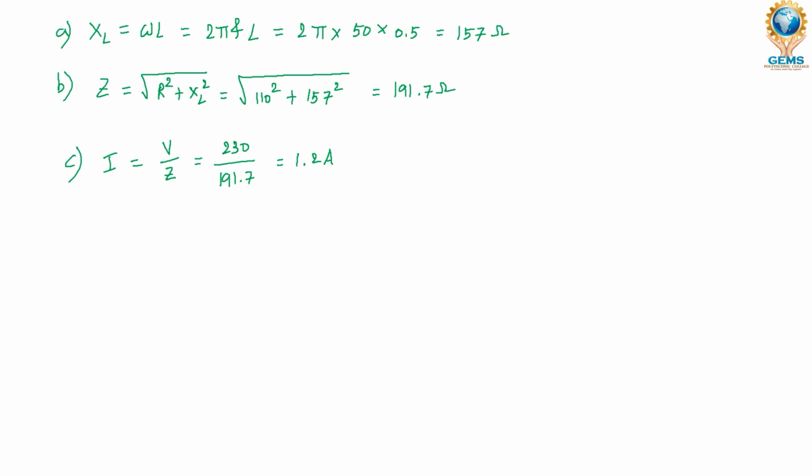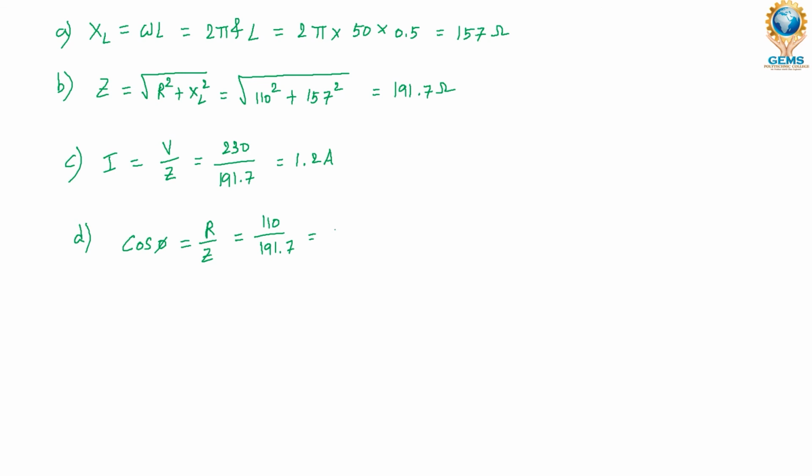Fourth, he is asking us to calculate the power factor. Actually, he is asking us to calculate the angle, phase angle, that is phi. How to calculate phi? We have one formula for cos phi. Cos phi equals R by Z. That is equal to R value 110, Z value 191.7.